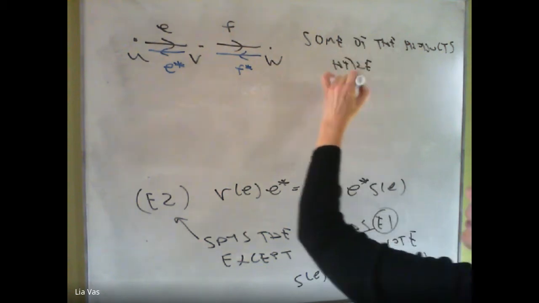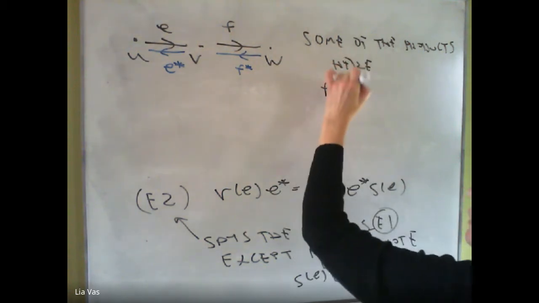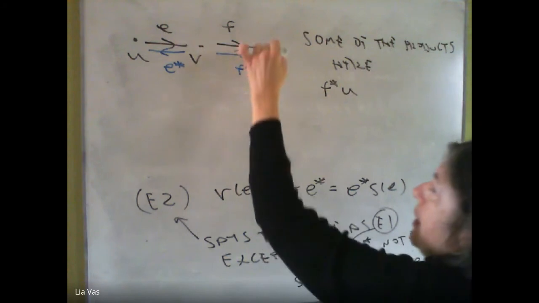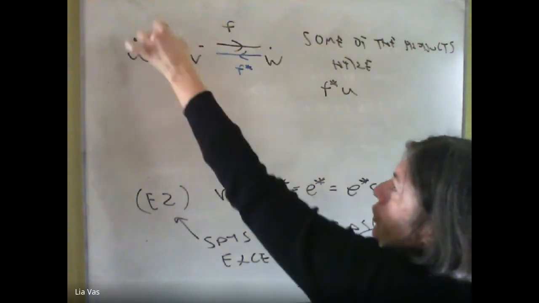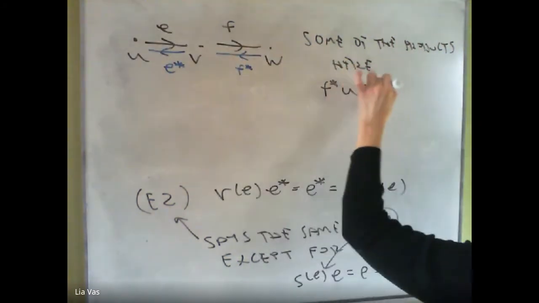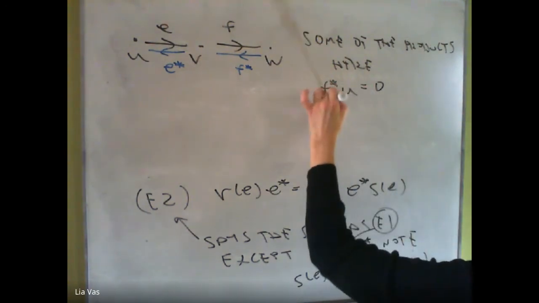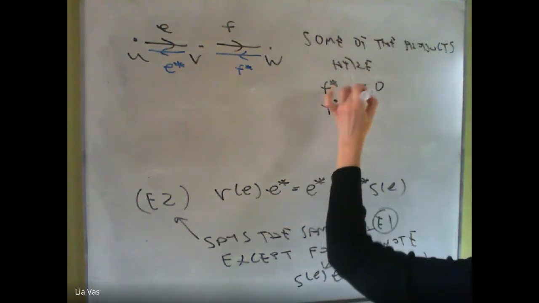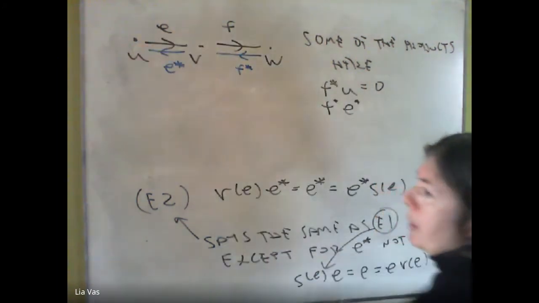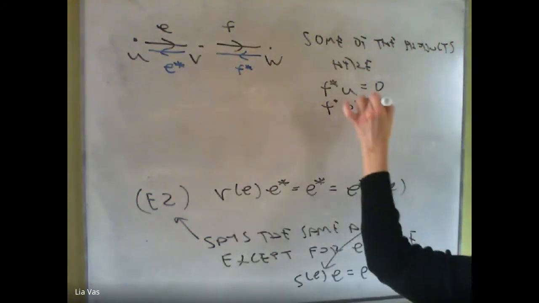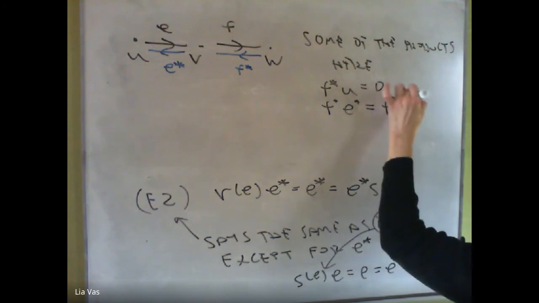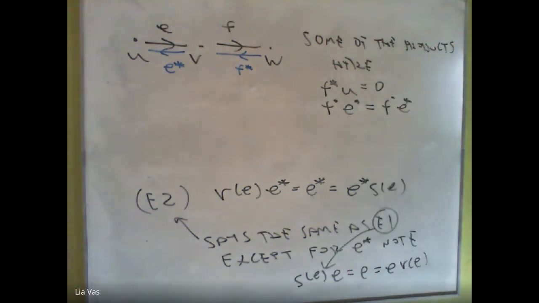For example, if I have F star times U, what would that be? F star doesn't end at U, U is all the way over there, so that would be 0. If I have F star followed by E star, that makes sense. That is the element called F star E star. It's not 0. This is one of my basis elements of that path algebra.